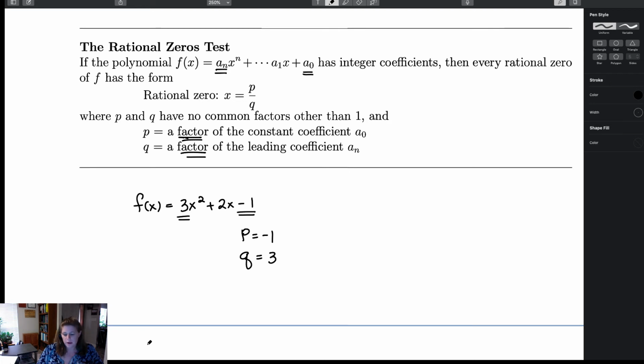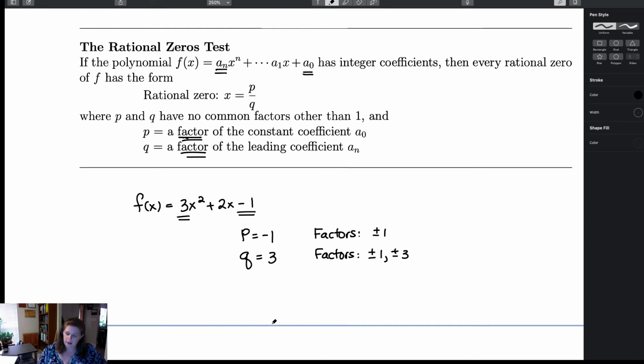When we put those together, factors of the first are going to be on the bottom. So when we're talking about factors of a number, 1 is always a factor of a number. So the factors of p in this case would be positive and -1, and the factors of q, we can get 3 by doing 1 times 3 or by 3 times 1, so we would have positive and -1 and positive and -3.